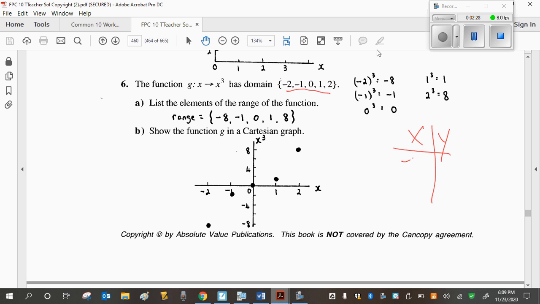So -2, -1, 0, 1, 2. If I don't give you a table of values, those are the ones you choose: 2 negatives, 2 positives, and 0. When you sub in -2 and it's cubed, you get -8. So that's the point (-2, -8). And they do it for the other ones as well.